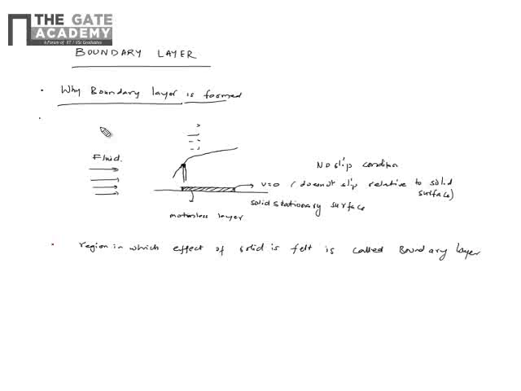The consequence of this no slip condition is that a velocity gradient gets set up normal to the solid surface. That is one of the consequences: you have a velocity gradient, a consequence of the no slip condition.